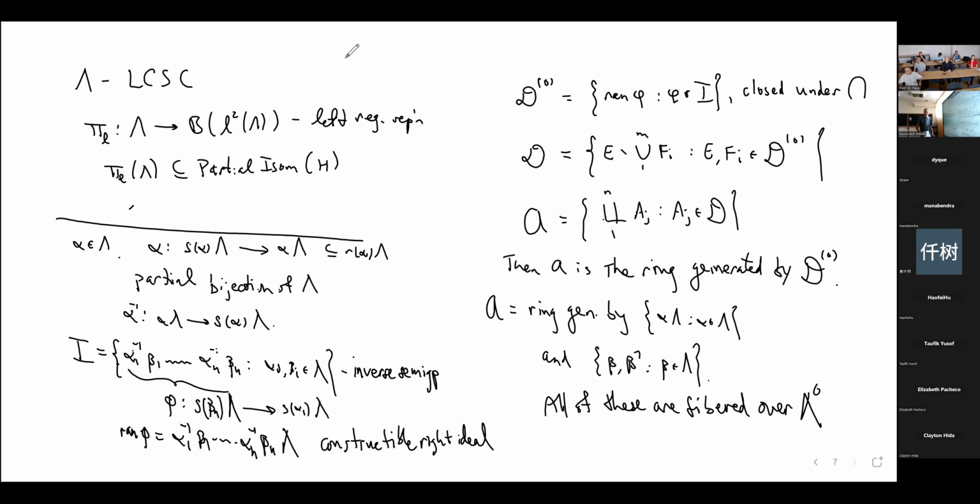Excuse me, can I ask a question? Yeah, go ahead. Why are the unions disjoint? I chose to use only disjoint unions here. But if you start from this collection D0 that's closed under intersection and try to construct the smallest ring that contains it, you'll find that every element can be expressed this way. So certainly A contains unions that are not disjoint, but every element of A can be written as a finite disjoint union of sets from this collection E, which is itself formed from D0 in this specific way.